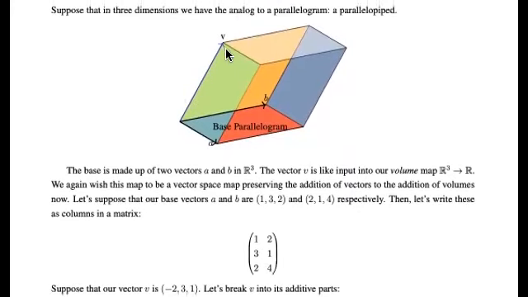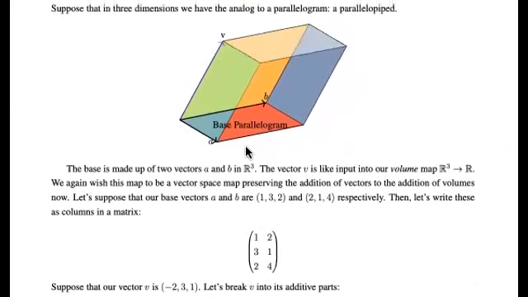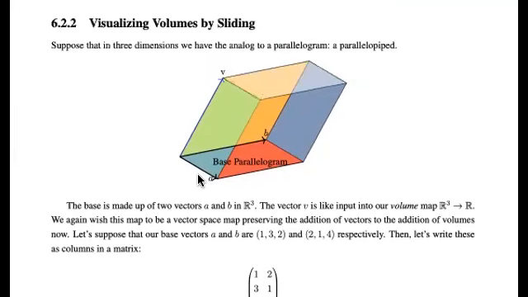So we proceed the same way. We take our initial vector v, coming from a base. Suppose that columns 1, 3, 2, and 2, 1, 4 make a base parallelogram. Order is very important for determinants, how we've ordered things. So let's suppose we've ordered our base vectors this way, first this one, then that one, just as we were before, with our base first and then the other vector.